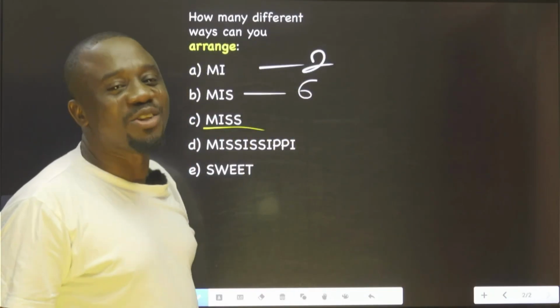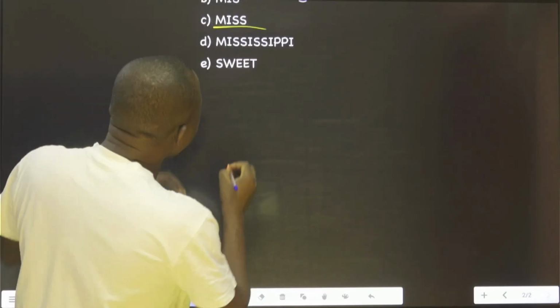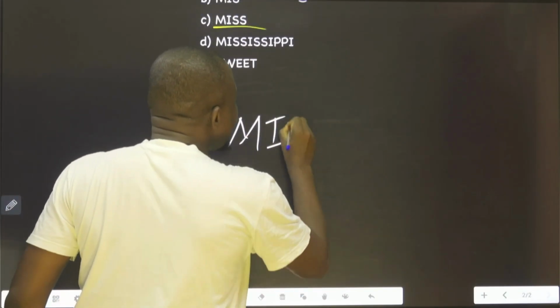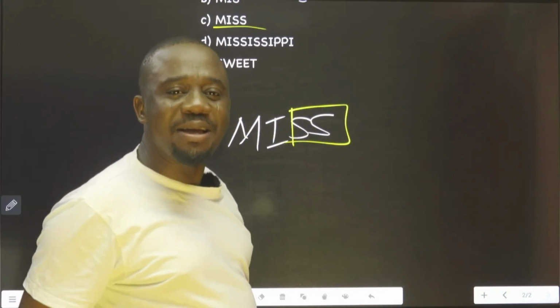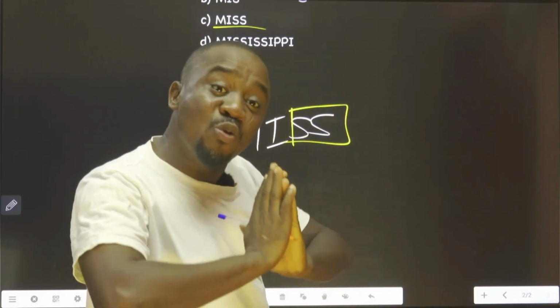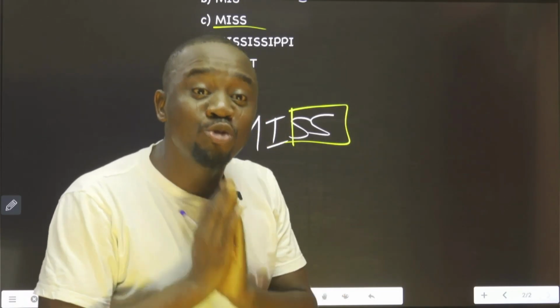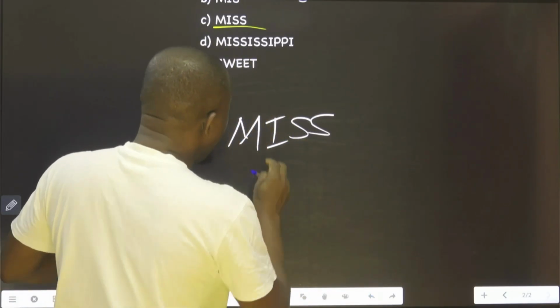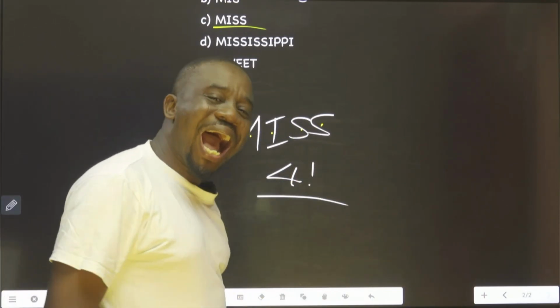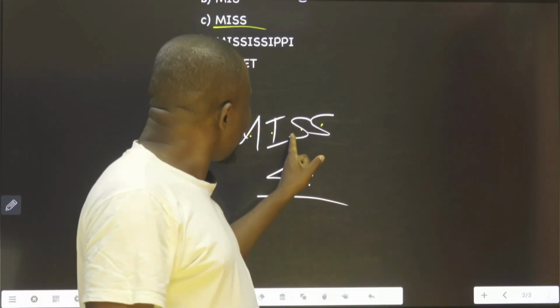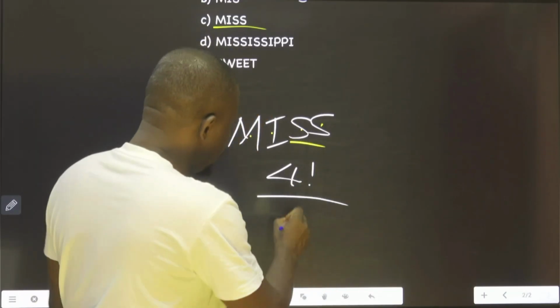Now there is repetition. How many ways will you arrange this? Now we have 2 guys that are the same. You can't do this the way you did the others. All you have to do is simply count: 1, 2, 3, 4. 4 factorial over how many repetitions we have? 2.